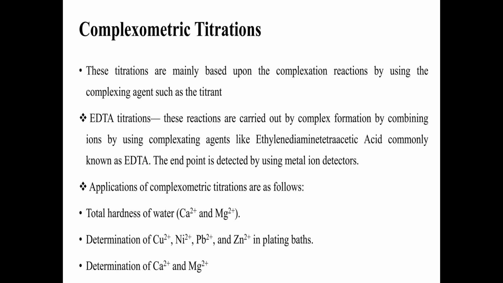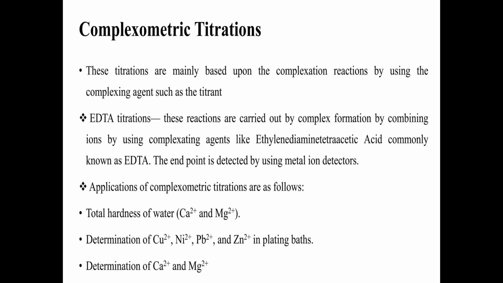So what is the meaning of EDTA titration? In this type of titration we use EDTA as a complex forming agent, and the endpoint is detected by using some metal ions.